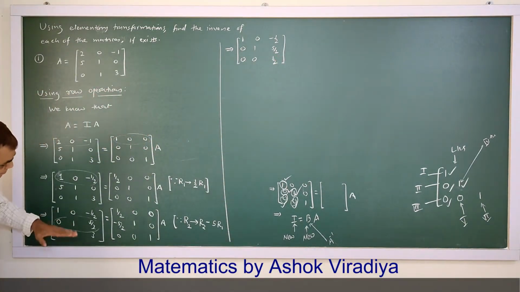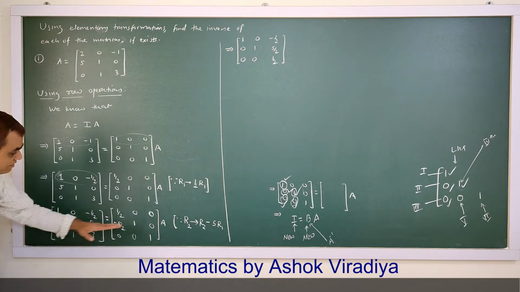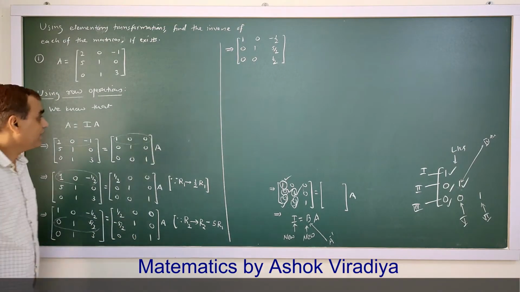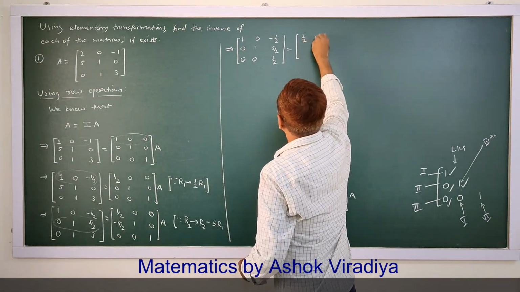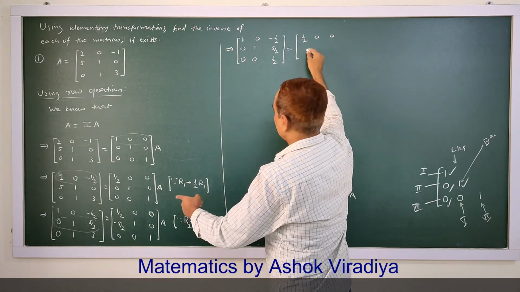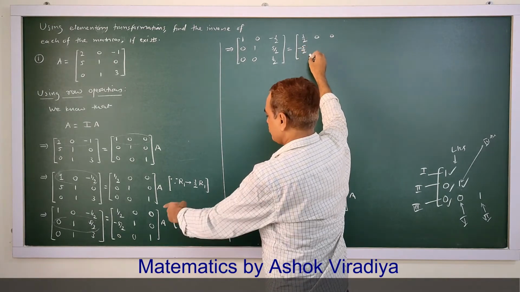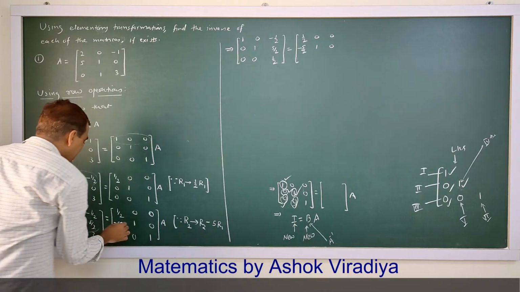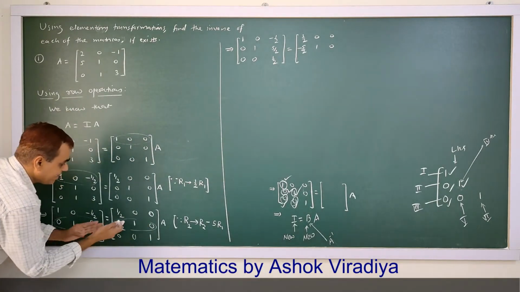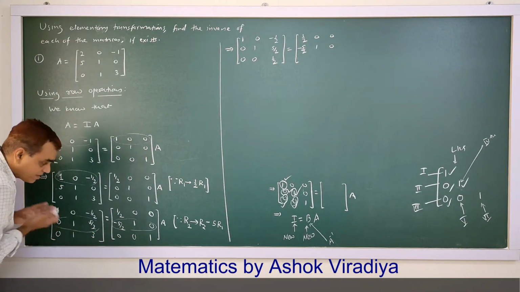So 3 into 2 is 6, minus 5, 1 by 2. Second row is subtracted here. Same operation we perform here on the right hand side. It is equal to 1 by 2, 0, 0, minus 5 by 2, 1, 0, and now second row I am subtracting in third row because this was done here.